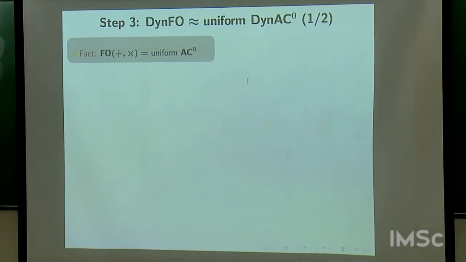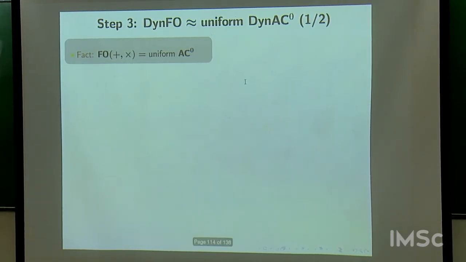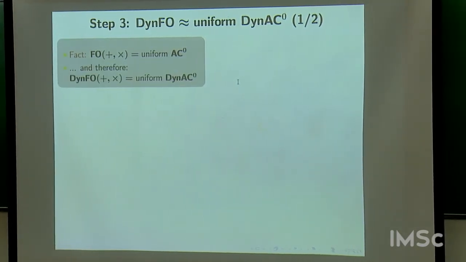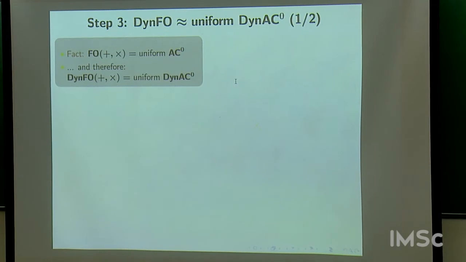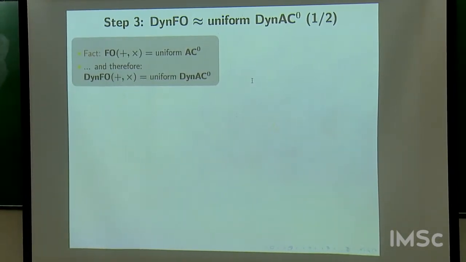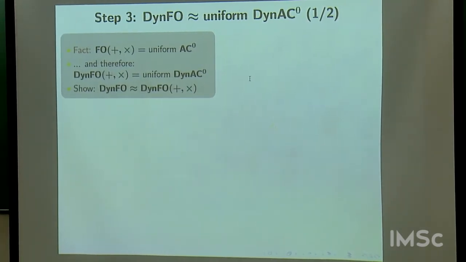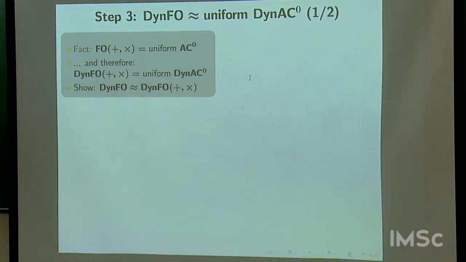This is the Barrington-Immerman-Straubing result, and therefore Dyn-first-order with plus and multiply built in is uniform Dyn-AC0, and we want to show that Dyn-first-order, where these are not built in, is still the same as Dyn-first-order with plus and multiply.